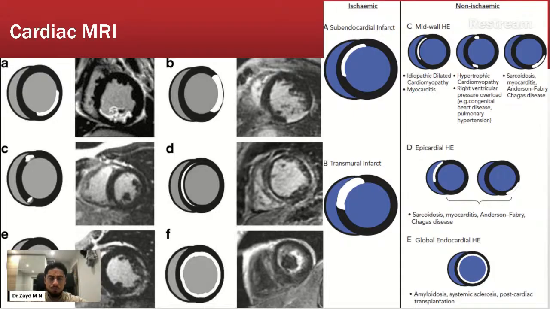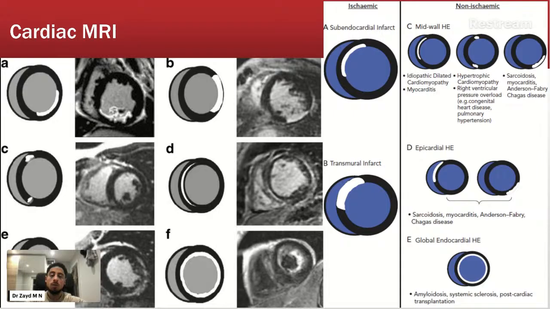Okay, and again, image D as well. If you look at image D, you can see again some epicardial hyperenhancement, so around the heart, which can be in keeping with sarcoidosis and myocarditis as well. So if you see mid-wall hyperenhancement or epicardial hyperenhancement, it's oftentimes myocarditis.